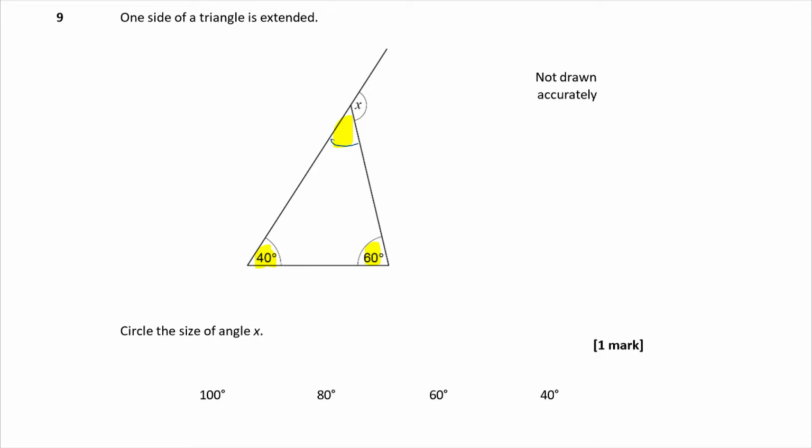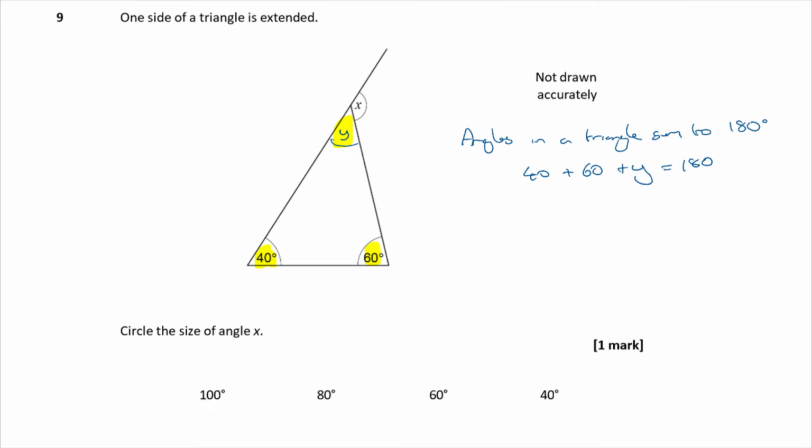Okay, so I know that angles in a triangle sum to 180 degrees. So let's call that one Y. I don't know what it is yet, let's just call it Y. So 40 plus 60 plus Y is going to be 180 then, isn't it?